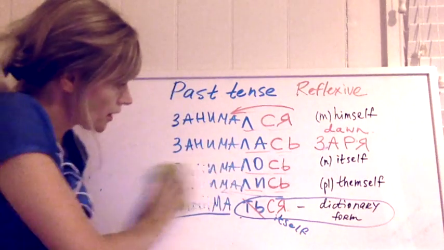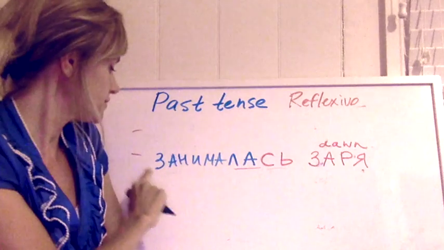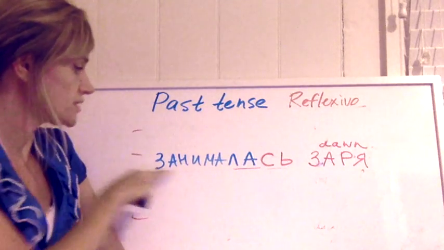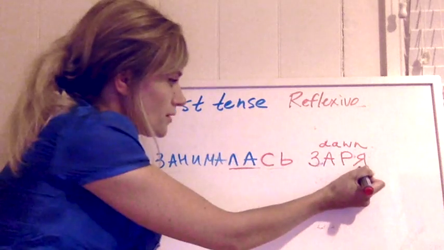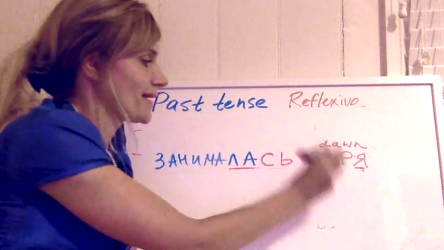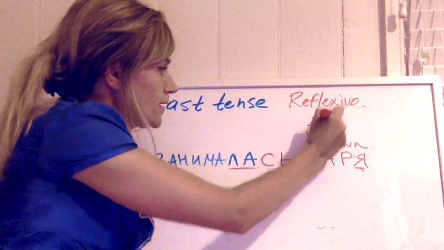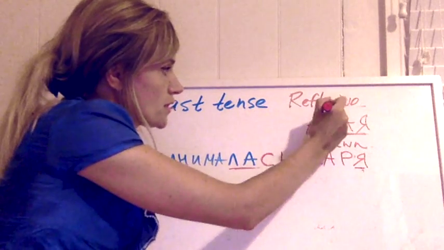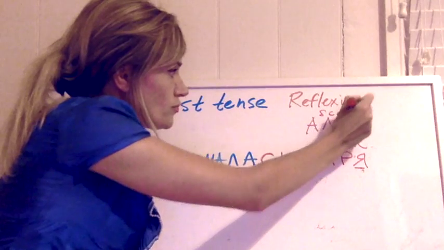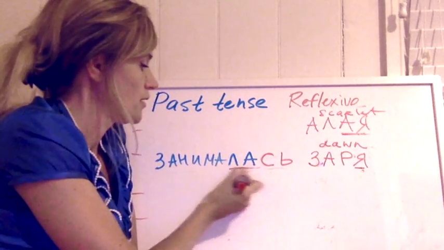Let's get rid of everything else. I left this out of the list for a reason, because this is feminine and this is feminine. Заря, алая. Алая заря, Scarlet Dawn. What do we have? Feminine, feminine, feminine.